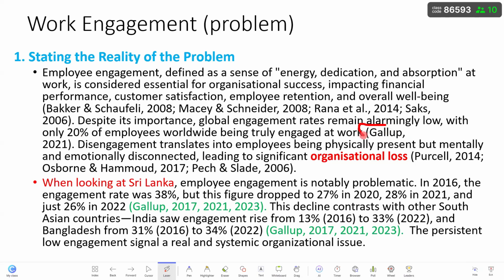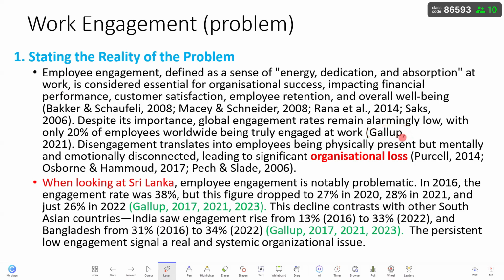According to this reference, right? Gallup is an international organization doing research globally, especially on job satisfaction, employee burnout, and work engagement. It's an American-based research and consultancy organization which conducts surveys, especially on work engagement. So this source is really reliable, right?